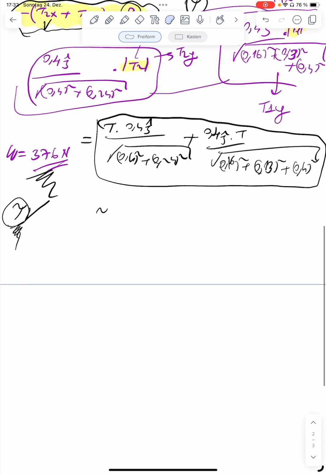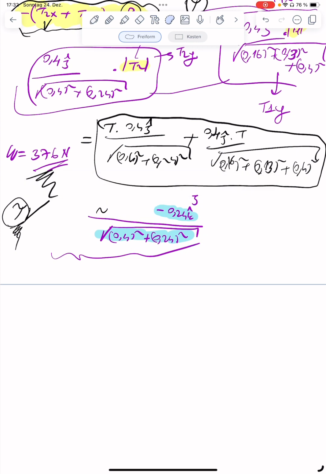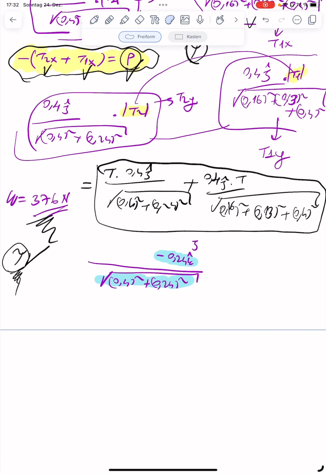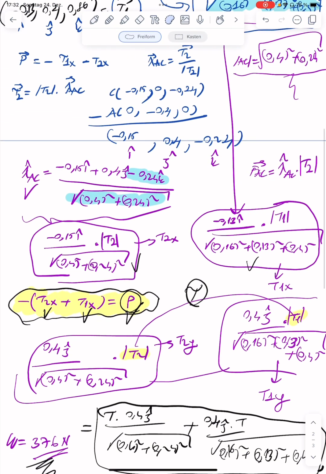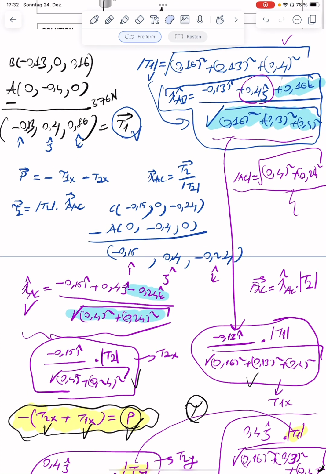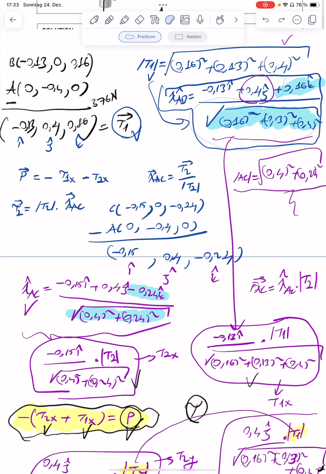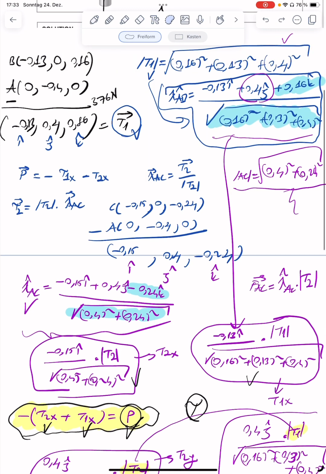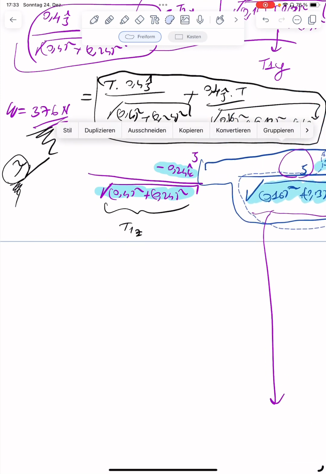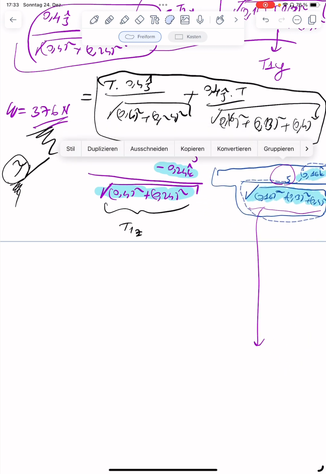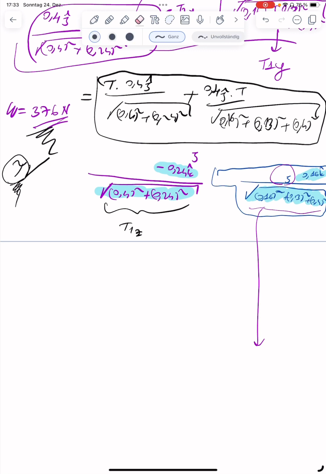here it is T1 in the z-axis, and it is T1 in the x-axis... Okay, here is the z-axis.